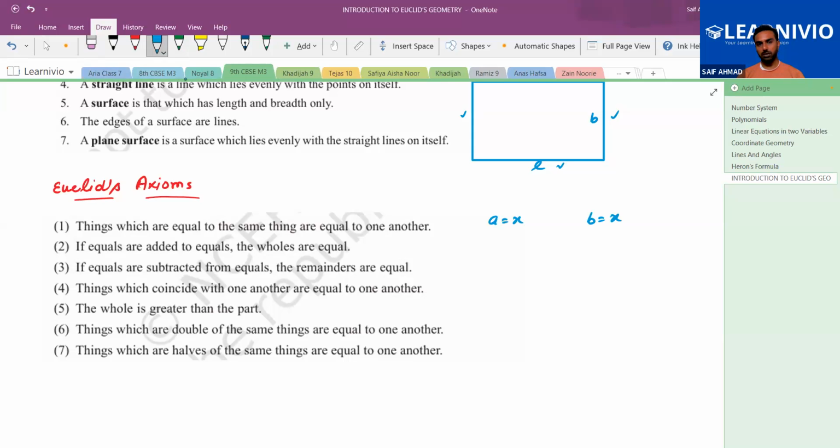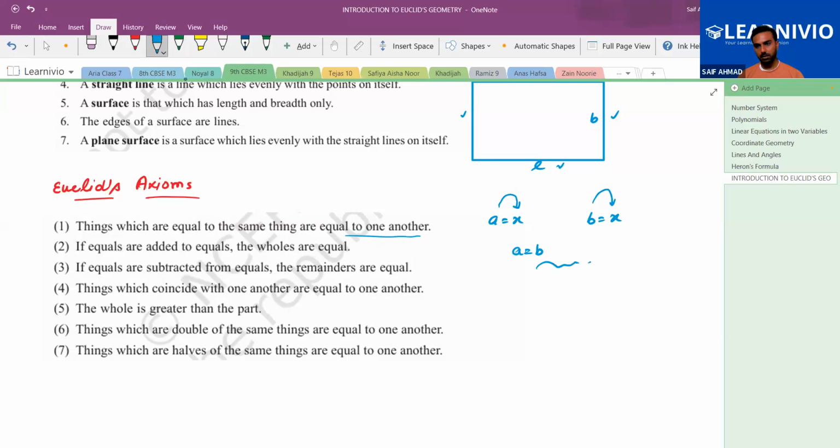It means the things which are equal to the same thing, a is equal to x and b is also equal to x, are equal to one another. It means a will be equal to b.